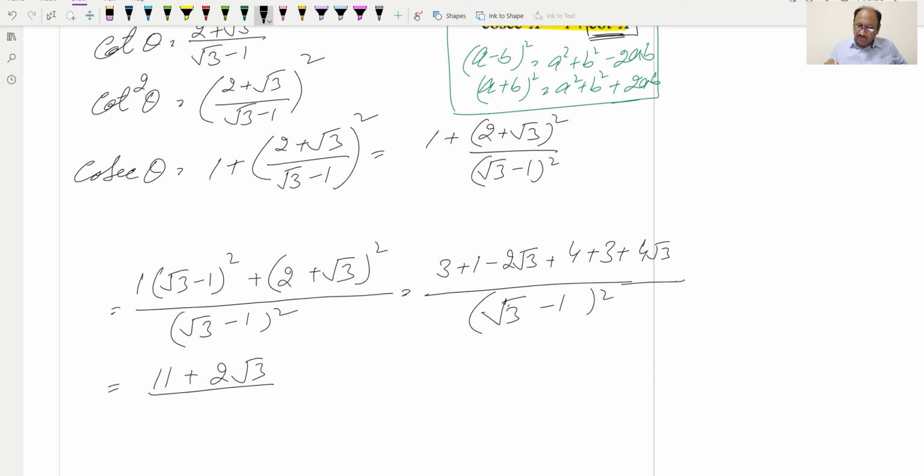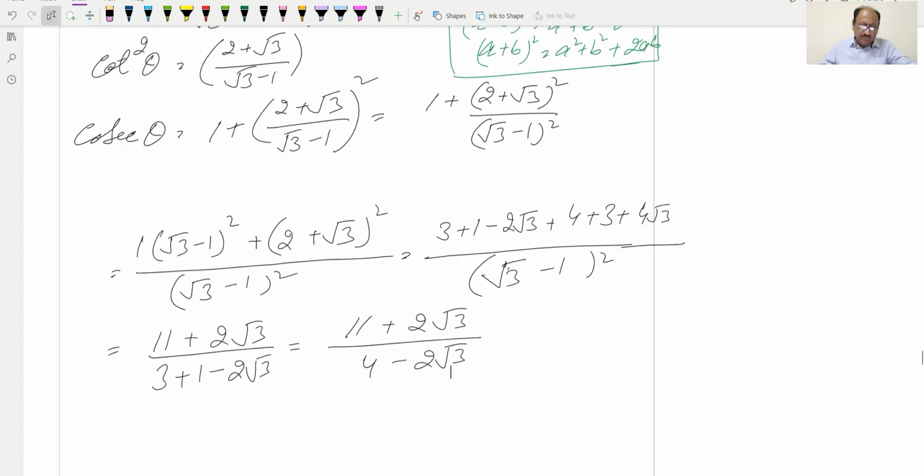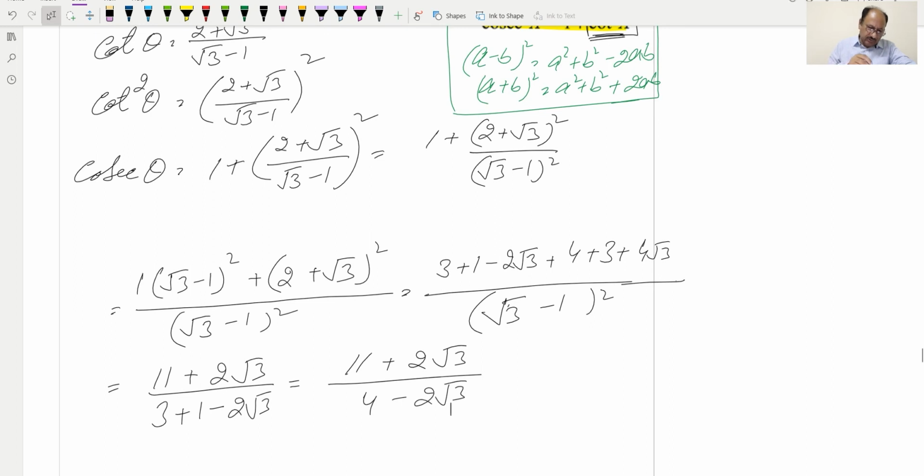we can rewrite it. If we open this also by formula, we will get root 3 squared will be 3, plus 1 squared and minus 2 root 3, and this one we can rewrite as 11 plus 2 root 3 divided by 4 minus 2 root 3, and this one we can rationalize, and by rationalization we can solve this.